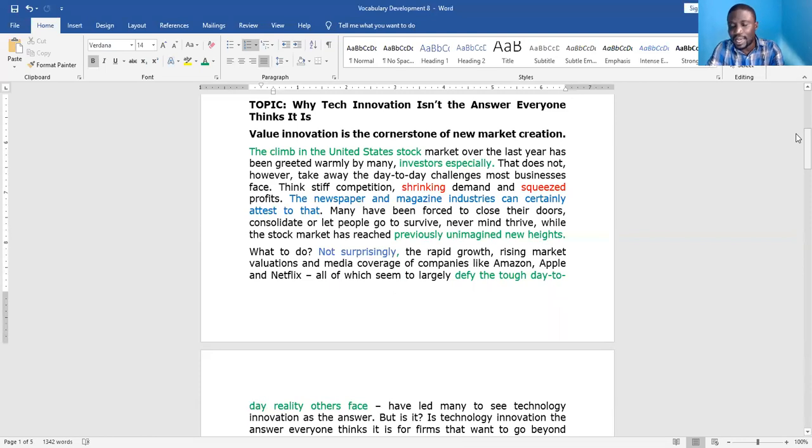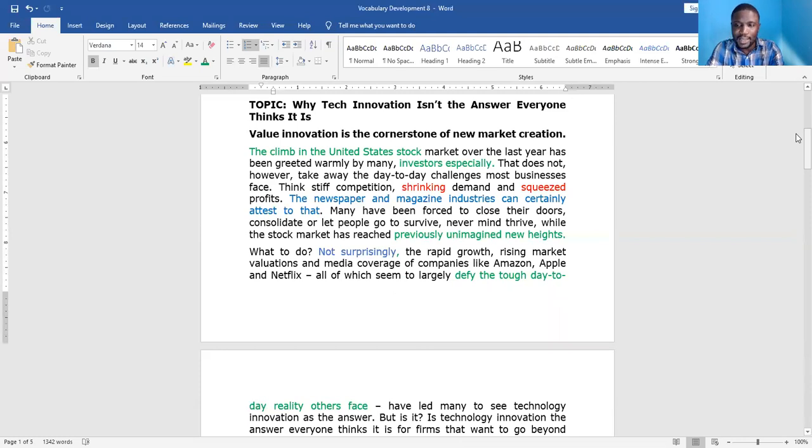You can see that I highlighted two expressions in English. The climb. Most of the time the commonly used word is the increase, the rise. So we've seen that there is another form of expression.